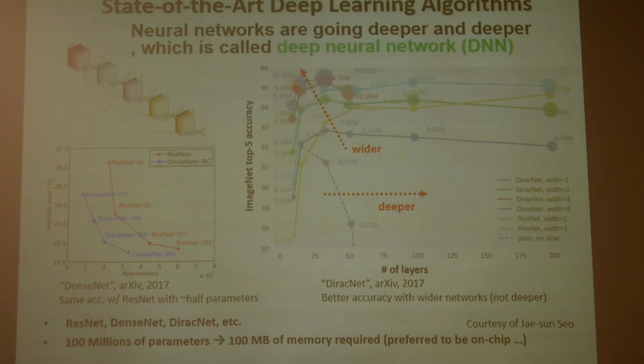When the neural network goes deeper, the number of parameters also increases. For example, in ResNet, we have tens of millions of parameters, and this huge number of parameters needs a large space for storage, which is very challenging, especially for applications on mobile phones.